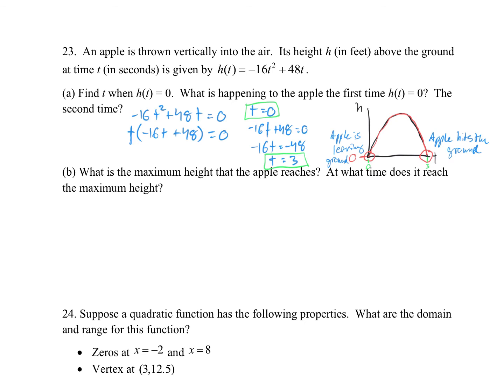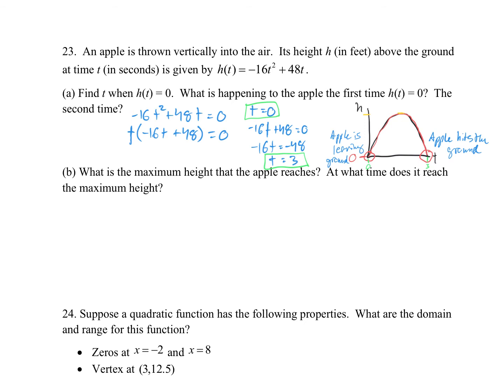So on to part B, we need to know what the maximum height that the apple reaches is. So that height might be, and I'm in yellow right now, that height would be up here, right? So we want to know what that maximum height is up at the top. I'm drawing on the little graph up in the first part. Now when we think about a quadratic function, it's symmetrical, right?